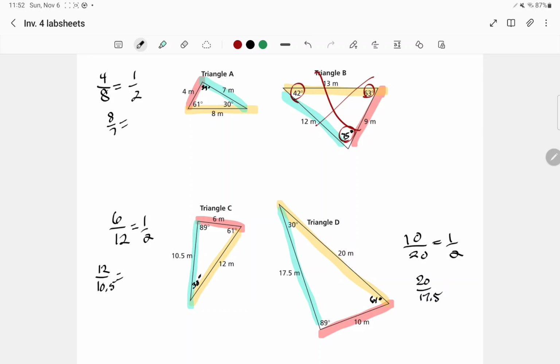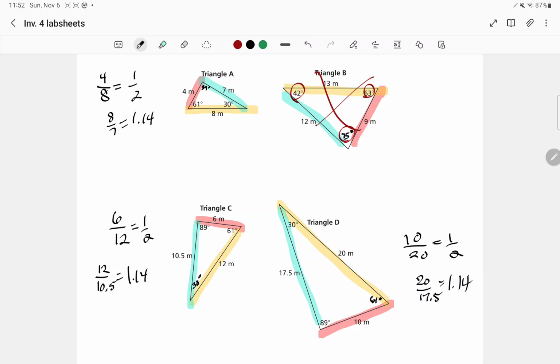Now, if you find what all of that equals, which I'll find for you here, it's 1.14, and it goes on, but all of these are going to be 1.14.